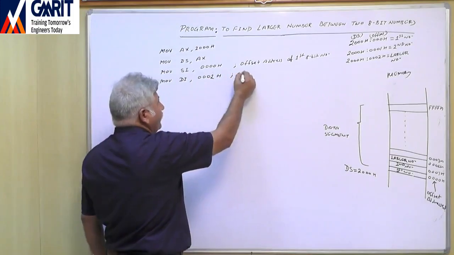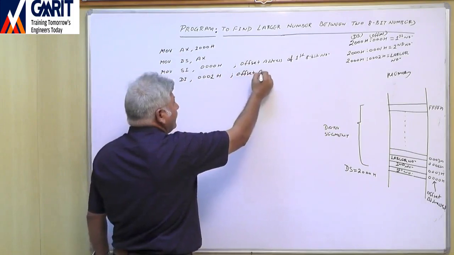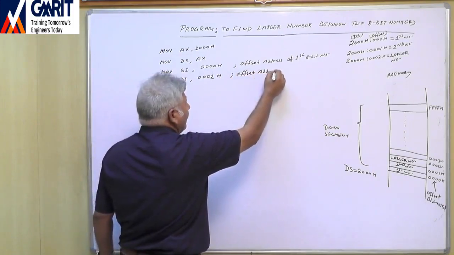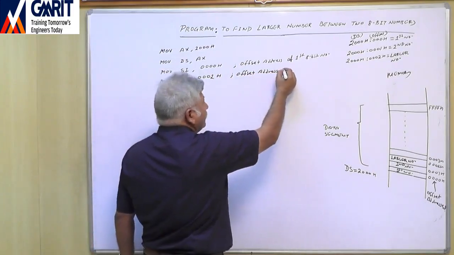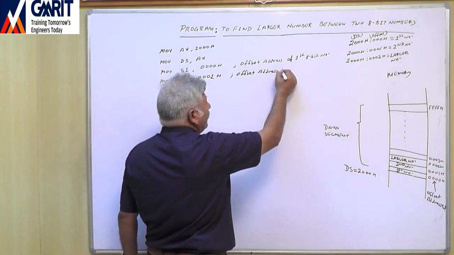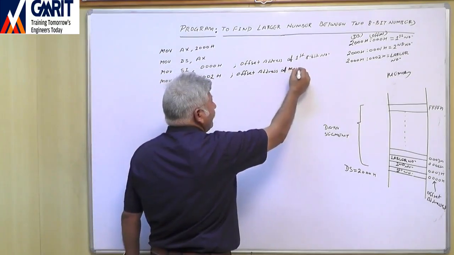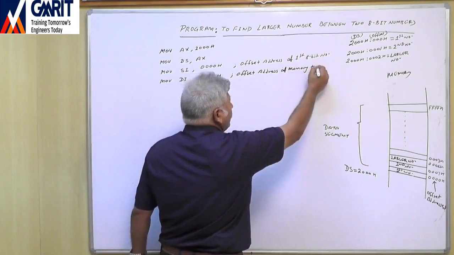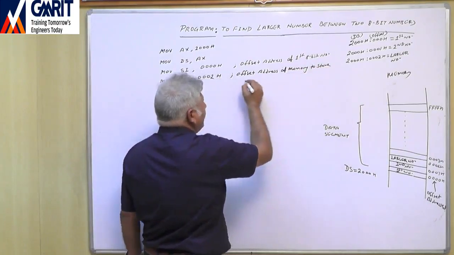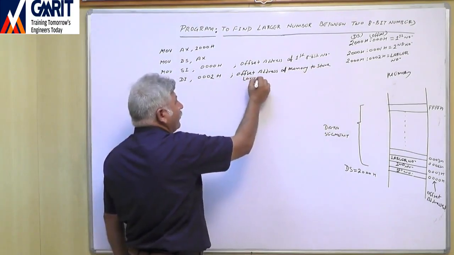This is the offset address of the memory to store the larger number.